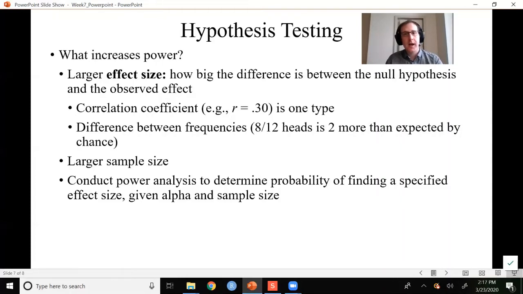You can also look at what's referred to as a posteriori or observed power, and you can plug in the value that you got and the alpha level and the sample size, and it'll tell you the observed power. But statisticians usually recommend against doing this because it cannot be very informative, because that's telling you what you already found, and you might have found a big effect size, again, just by chance, because this jumps around just like p-values.